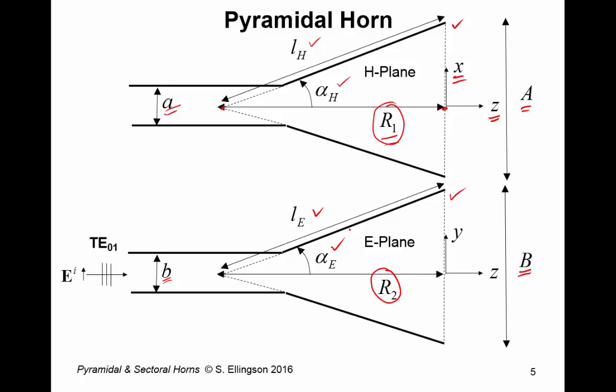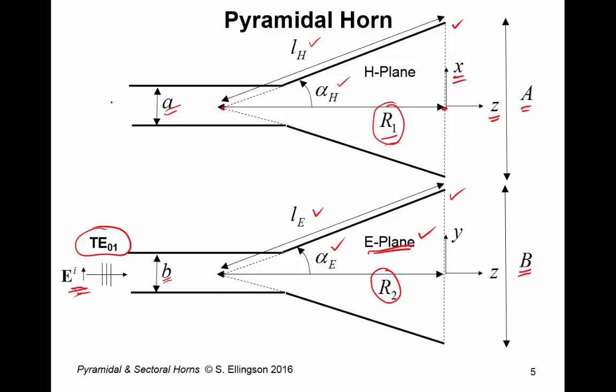Just as in the case of the H-plane sectoral horn, we will feed it with a square waveguide having a TE01 mode. And the excitation will be aligned as shown here. As you may infer, the electric field lies in the E-plane. So this is the E-plane because this is the plane in which the electric field vector lies.